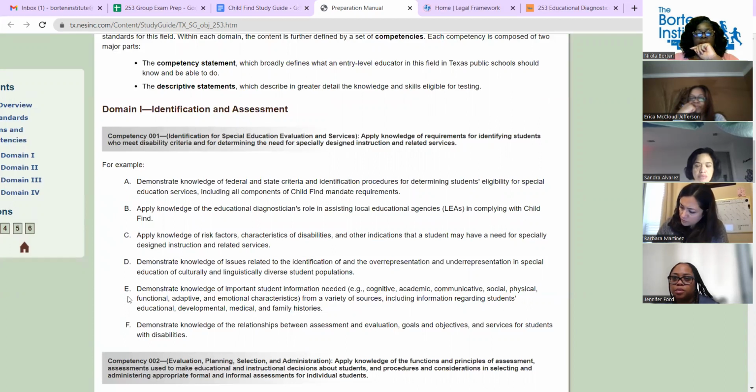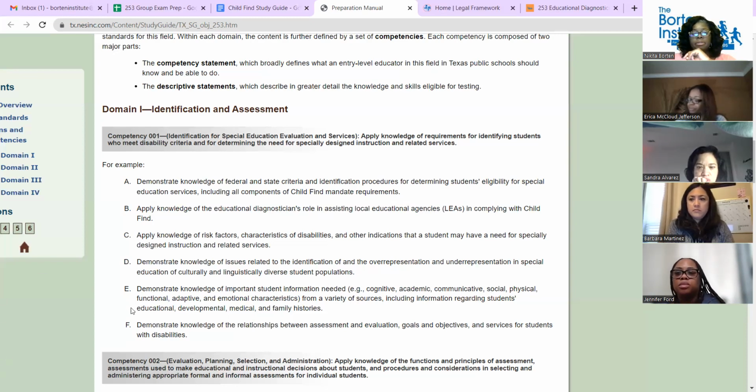These descriptive statements are the knowledge and the skills that your exam questions come from. What the entry-level educational diagnostician should be able to do: skill. What the entry-level educational diagnostician should know: knowledge. Skills and knowledge, that's what your test is going to be based on.